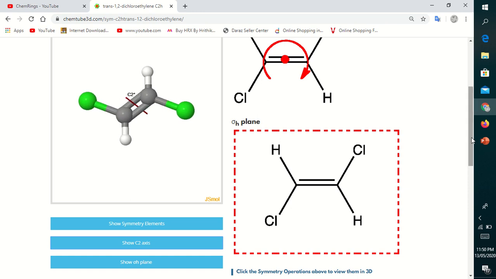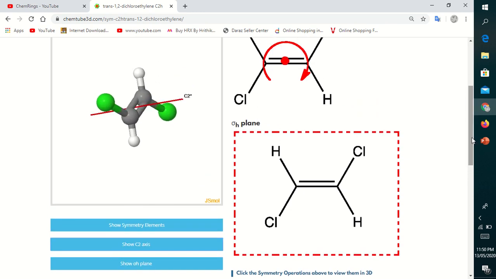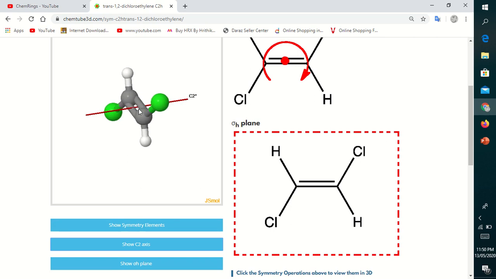What about the inversion center? We know that the inversion center is a point in the middle of the molecule. If we move from it in any direction, and subsequently on the opposite side we find the same atom, then there is an inversion center.